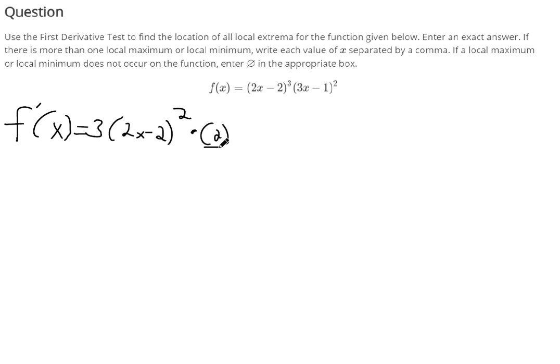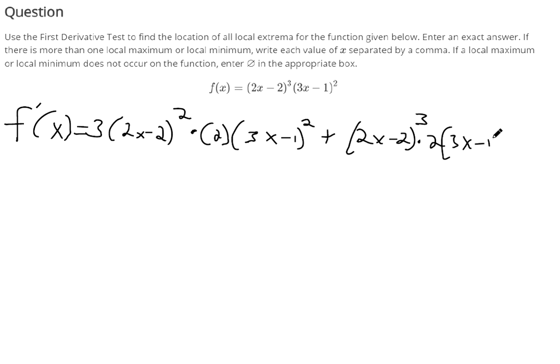Derivative of 2x minus 2 is 2. So this is the derivative of the first function, and this is the second function kept the same, plus the first function unchanged, times the derivative of the second function.